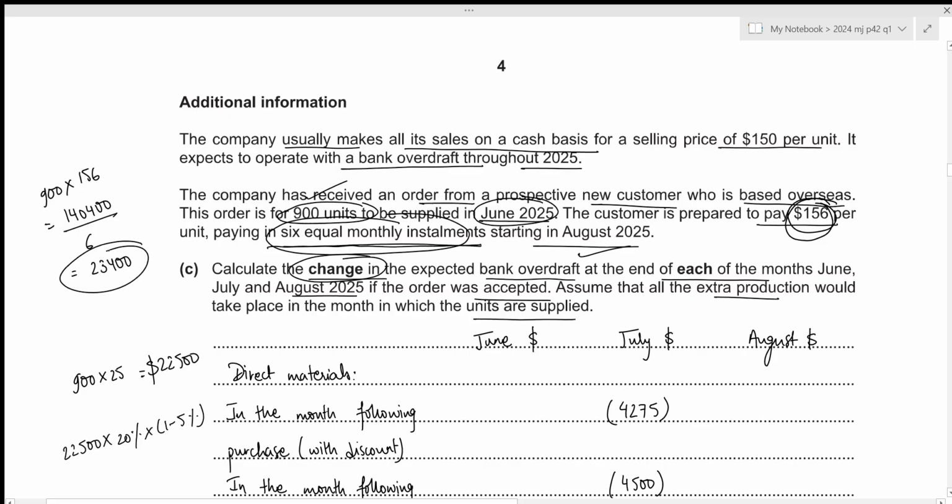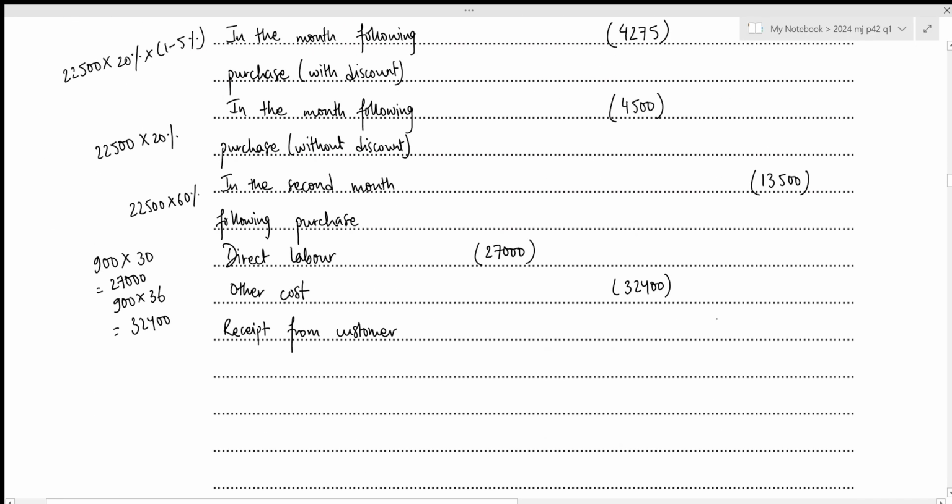This will be received firstly in the month of August. Let's write it down. So 23,400. All right. Now we can get the change in net cash flow. Let's calculate it.